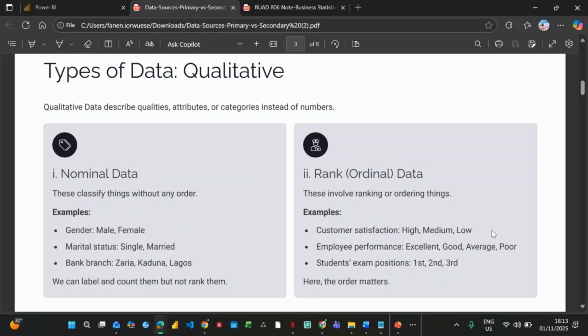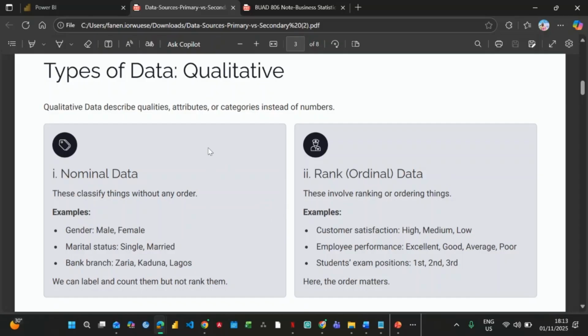Or employee performance: excellent, good, average, and poor. Then student scores: first, second, and third. These are ordered. So we have the ordinal and the nominal data. The ordinal you can also call rank; it's just about ranking your data. Are we together? Are we following?